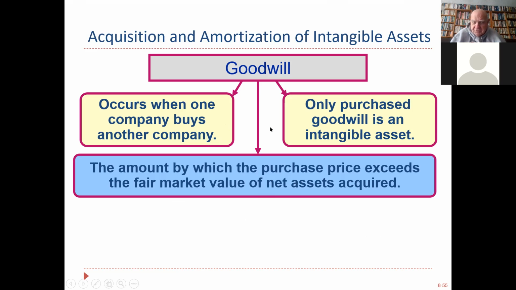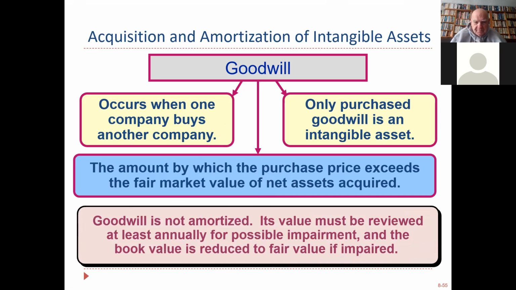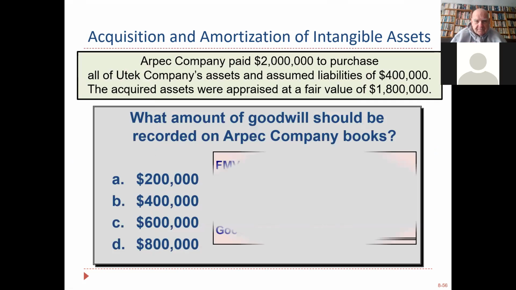And only purchased goodwill is an intangible asset, okay? Goodwill is not amortized. That makes it easy. Its value must be reviewed for possible impairment, of course, like any other asset, tangible or otherwise.